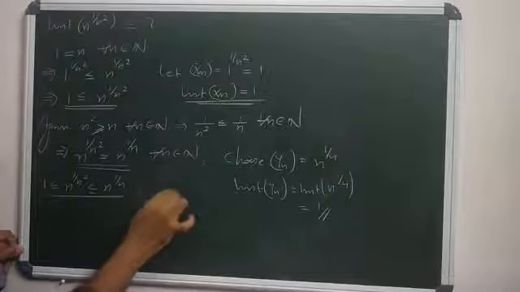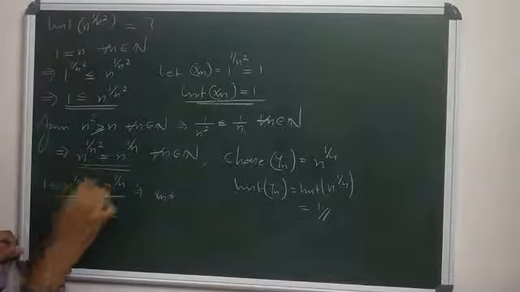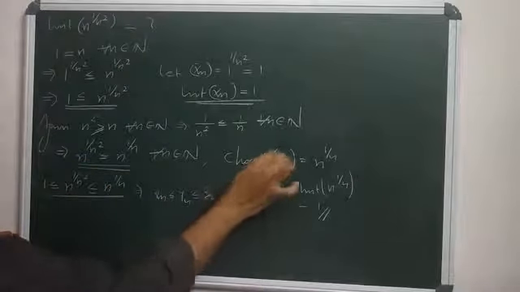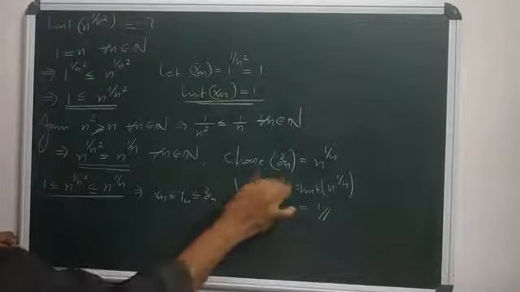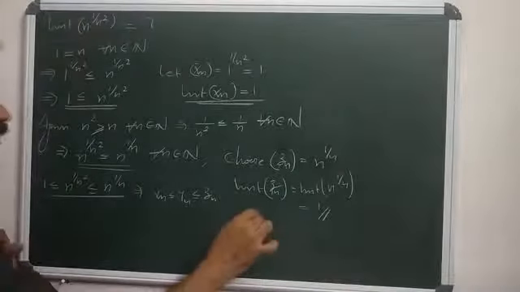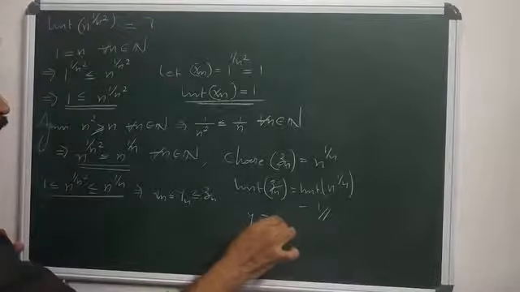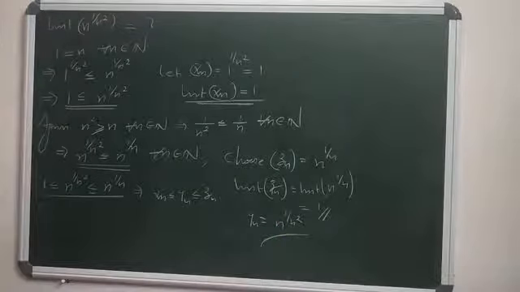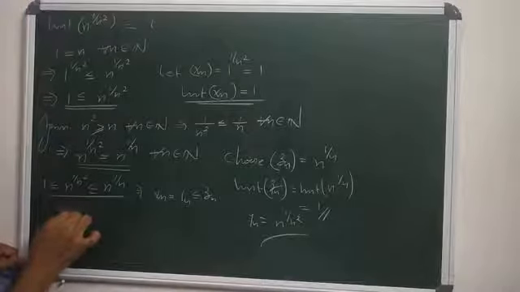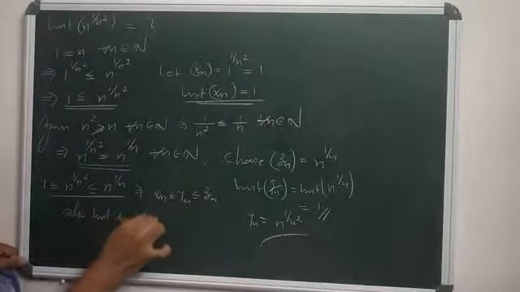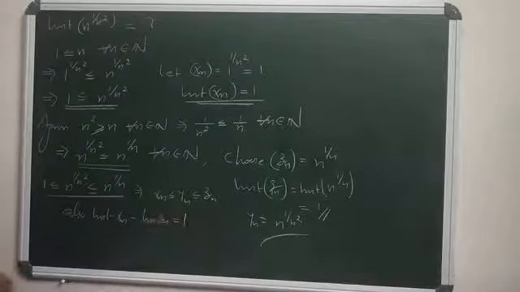So the sequence xn is less than or equals yn and less than or equals zn, where yn equals n to the power 1 by n square. Also the limit of xn equals the limit of zn equals 1.